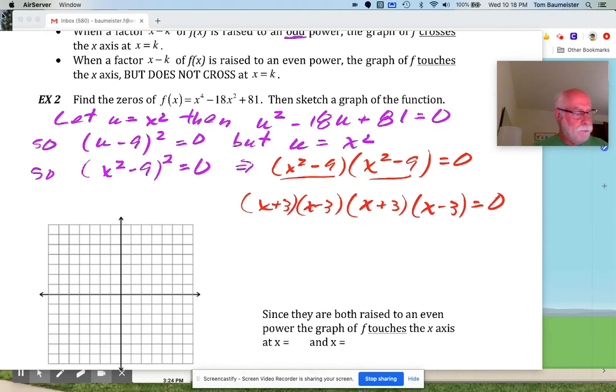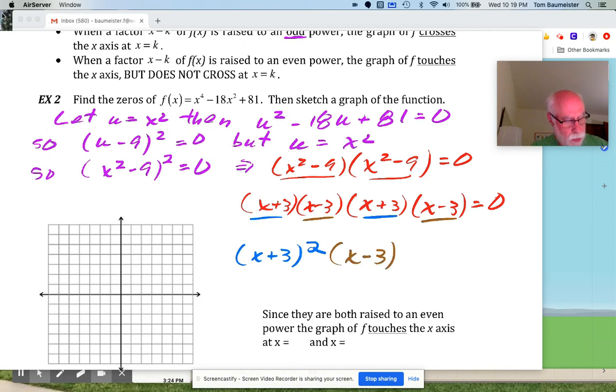is equal to 0. Now what I want you to notice here is that I have an x plus 3 there, and I have an x plus 3 there. So now I can write this as x plus 3 squared, and then I have this one here and this one here, which I can write as x minus 3 squared is equal to 0.